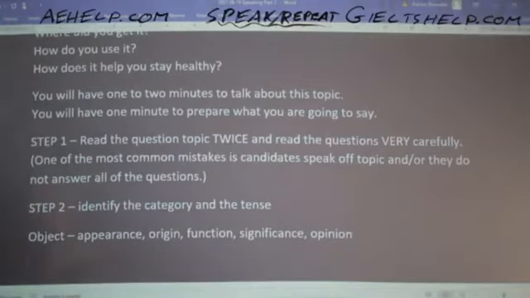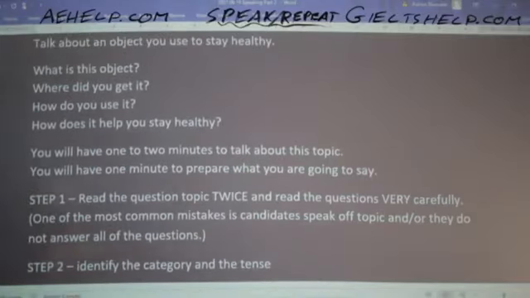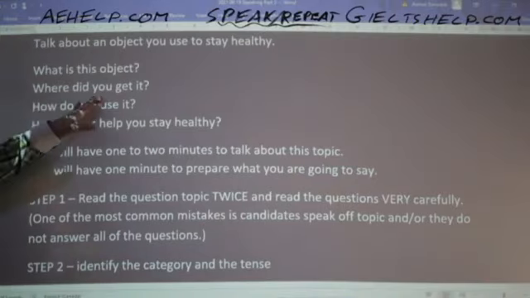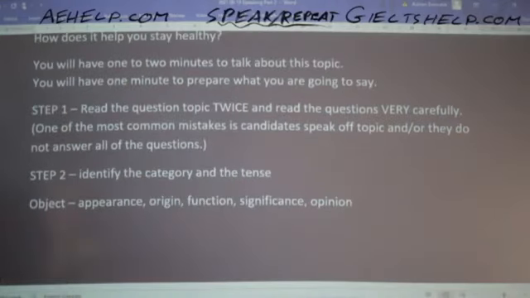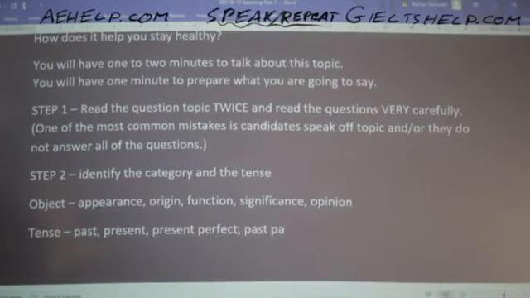Okay, and the tense, okay? So what is this object? Where did you get it? Past tense. How do you use it? Present tense. How does it help you stay healthy? Present perfect tense. So here, the tenses would be past, present perfect, maybe some past perfect as well.